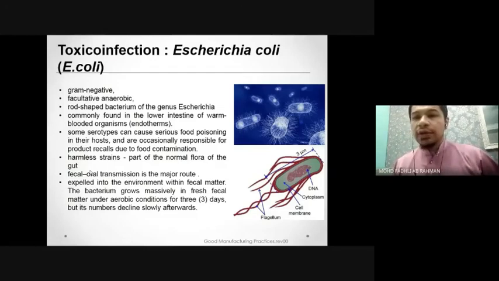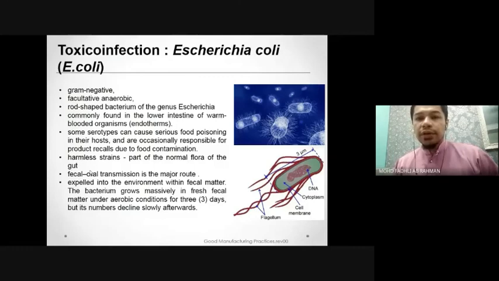Okay, however, not all E. coli are harmful. Some are harmless. For example, E. coli in our gastrointestinal tract system, GIT system. So it is part of our microflora in our gut, or our GIT, gastrointestinal tract.